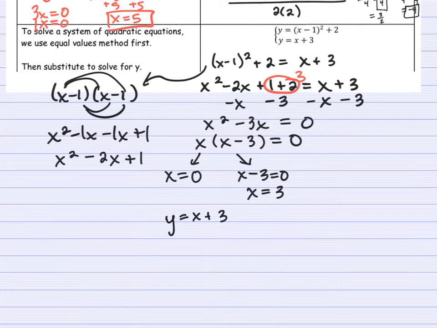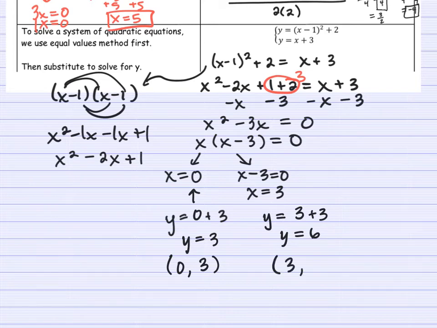I'm going to take out that x, replace it with the 0 that I have from up here. So I've got y equals 3. So what that means is one of my points of intersection is the point 0, 3. I need to do that with my other equation, y equals 3 plus 3. So y equals 6. So my other point of intersection is the point 3, 6.